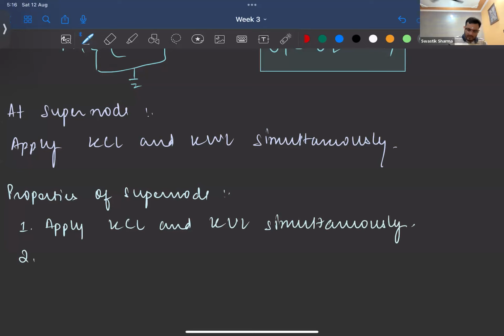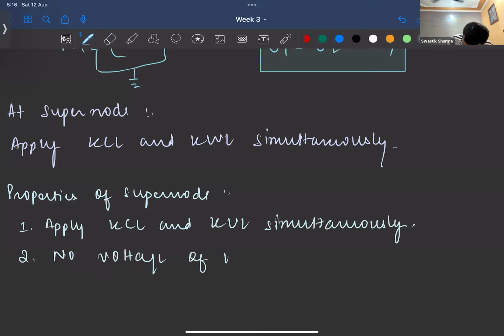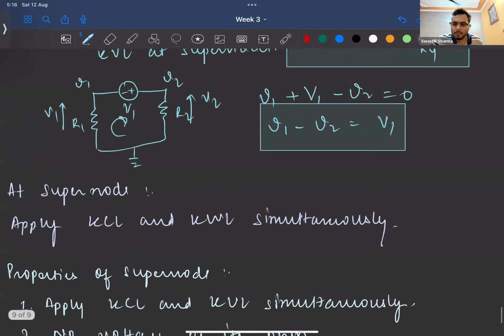Second, it does not have a voltage of its own, right? What exactly do I mean by this statement?